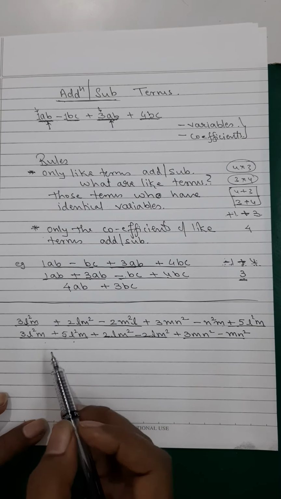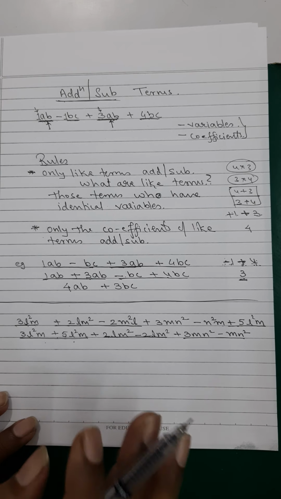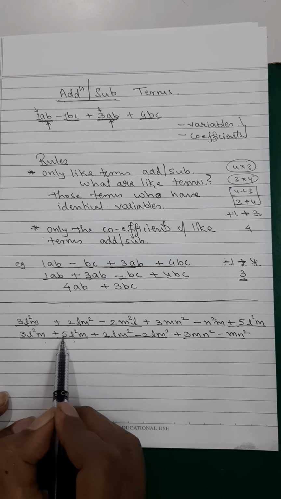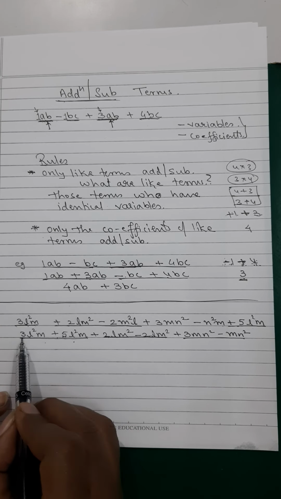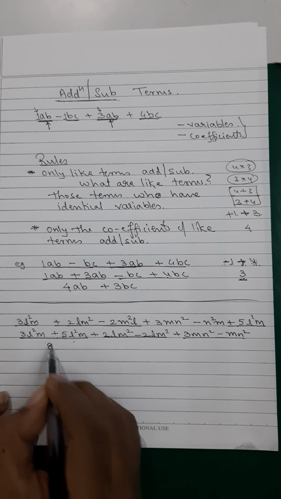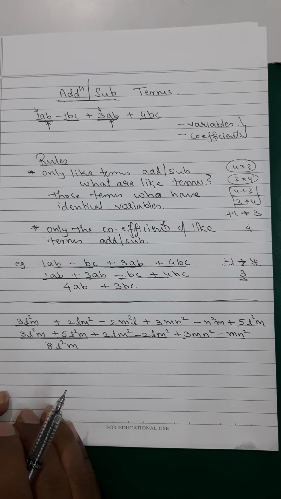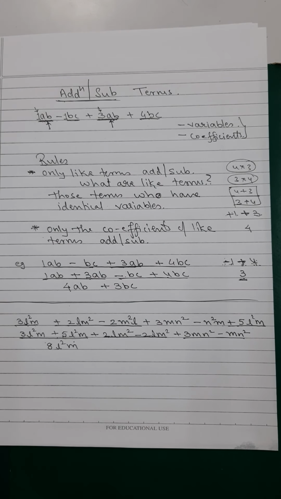So what will happen now over here? These both are plus plus, so no question. While adding, only the coefficients will add or subtract. Remember, my dear students, you have to take botheration of coefficients alone. So this will become 3 plus 5, 8, and this l square m will be copied down as it is. Whether addition or subtraction will take place or not will be decided by the variables.